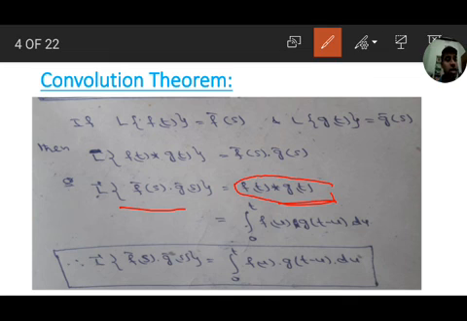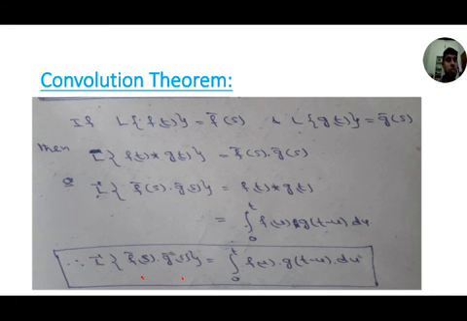F of t star g of t is the convolution formula, the integration from 0 to t of f of u into g of t minus u du. Therefore, L inverse of f bar s into g bar s equal to the integration from 0 to t of f of u into g of t minus u du. When we have a product of two functions f bar s into g bar s and need the inverse Laplace transform, we use this convolution theorem.